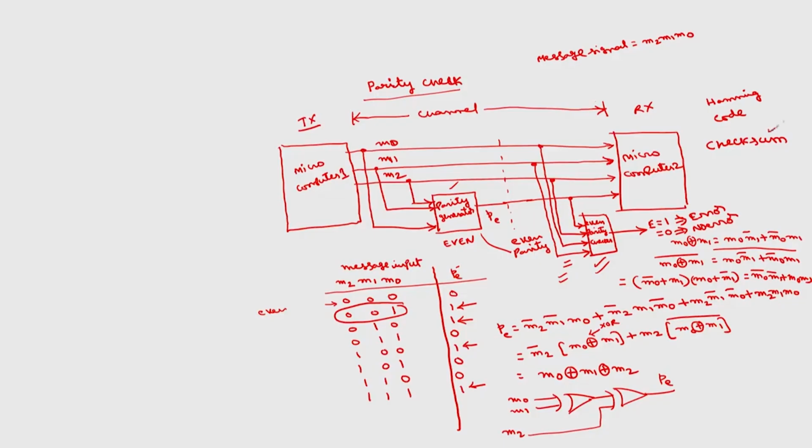At the receiver, we again sum all the bytes, including the 2's complement from the transmitter. If we get the sum as 0, it means no error; otherwise, it means error. That is the checksum technique.